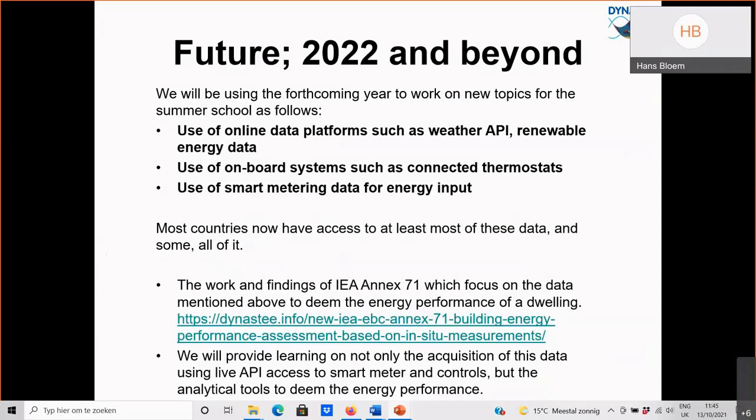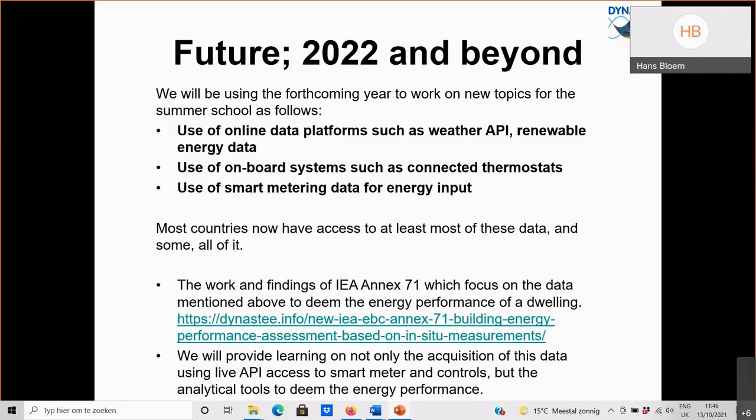In particular, we would like to create platforms for exchange of information on everything that has to do with renewable energy, how to deal with data from smart meters, from thermostats, from other sources of data, like weather stations, etc. So we are looking into it, and we always like to make clear that we are dealing with dynamic analysis of these kinds of data.